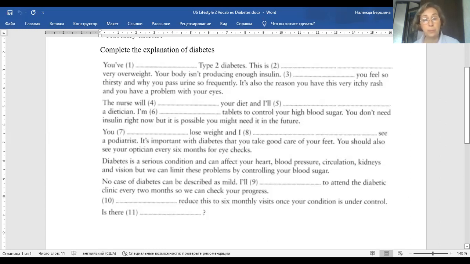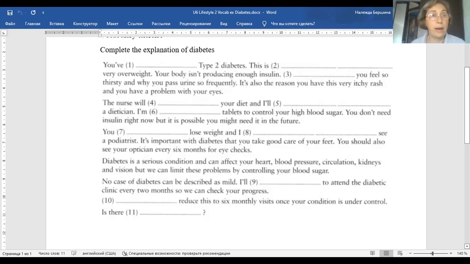So if we speak about cause and effect, what kind of preposition or phrase can be used? If we explain something, if we answer the question why, what is the first word that we use in an explanation?